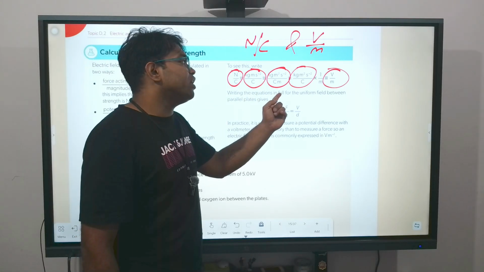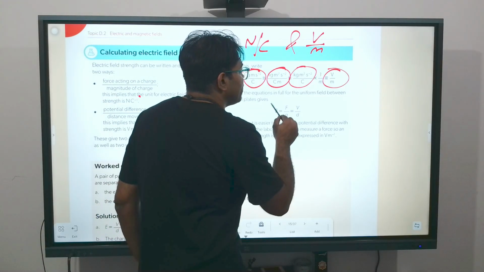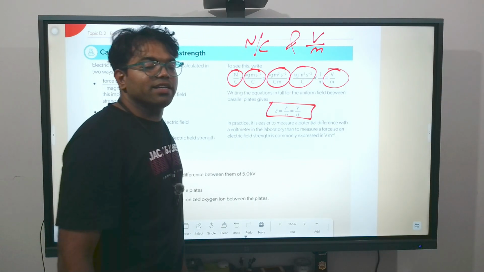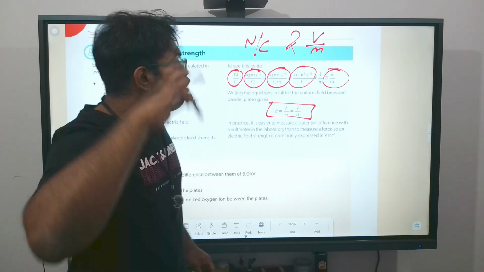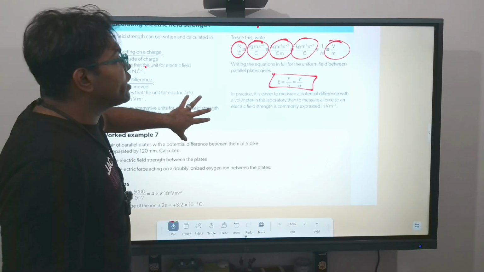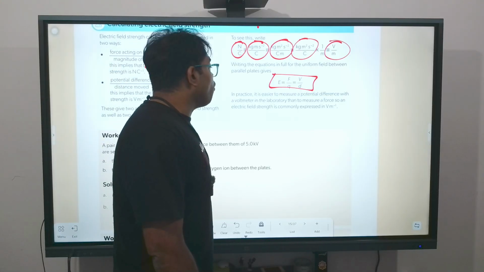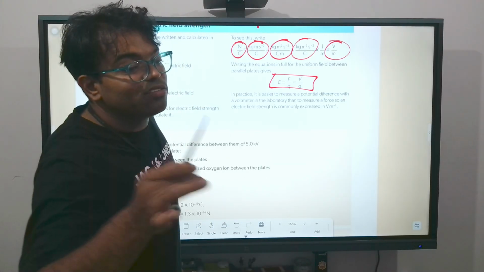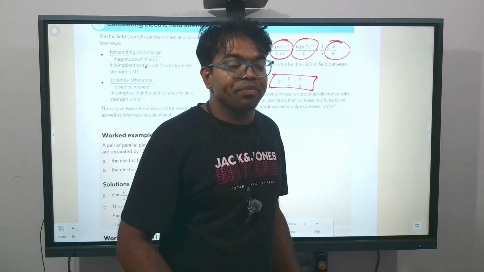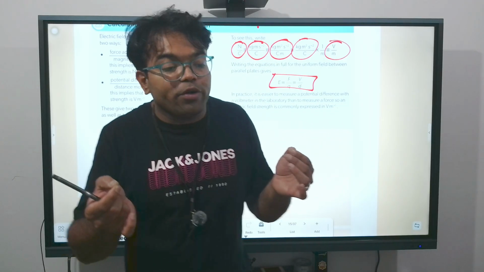Writing the equation in full form, the uniform electric field between two plates is given as electric field equal to force upon charge, equal to volt upon distance. In practice, it is easier to measure a potential difference with a voltmeter in a laboratory than to measure a force. So electric field strength is usually expressed in volt per meter, because you can always find the potential.